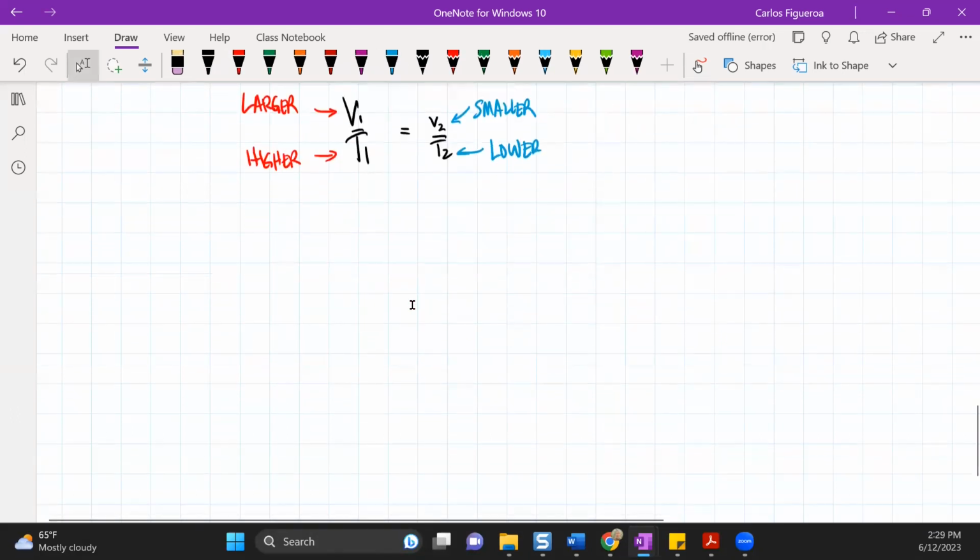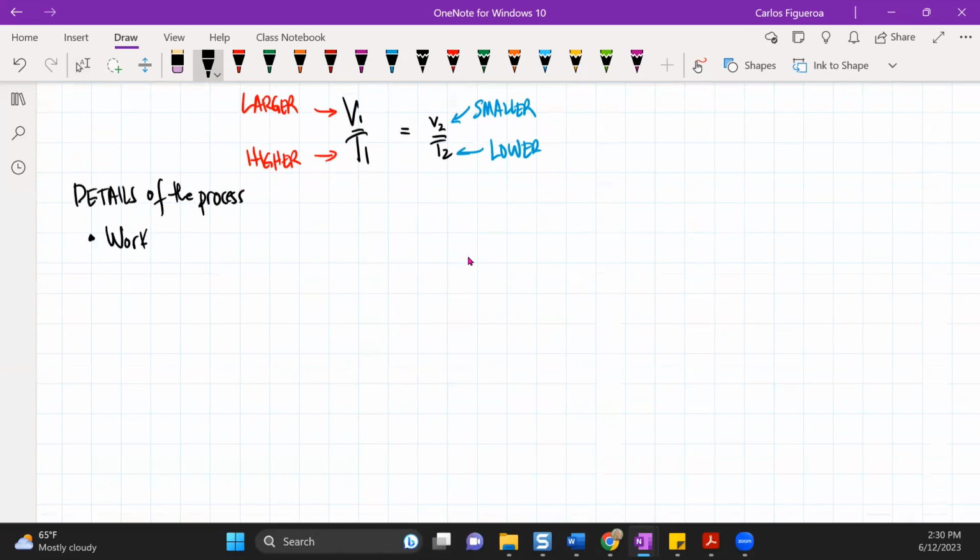So if I look at the details, it's going to be the same type of thing, but it's a little bit trickier. So if I look at the details of the process, here's what we see.